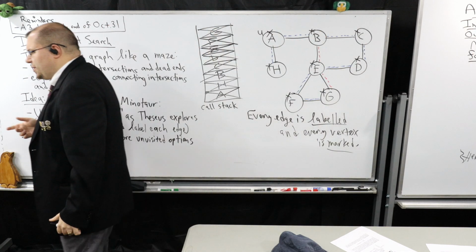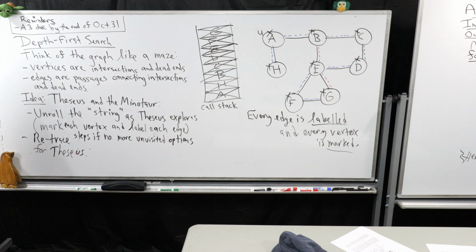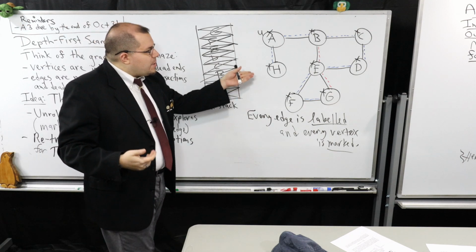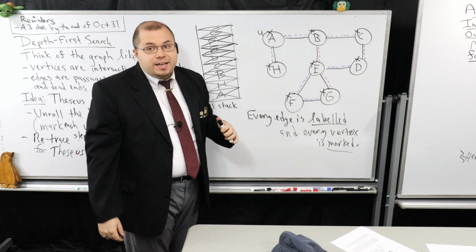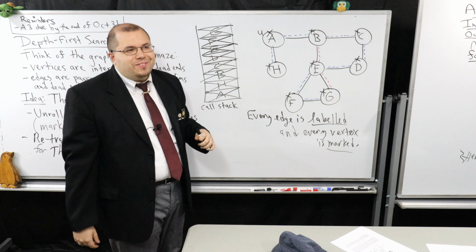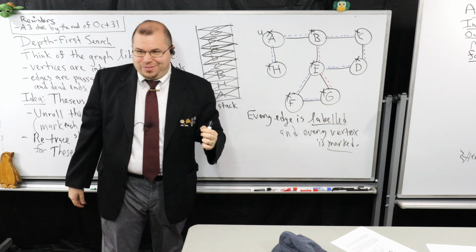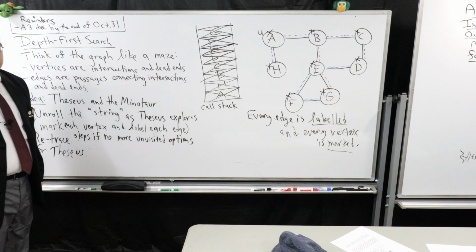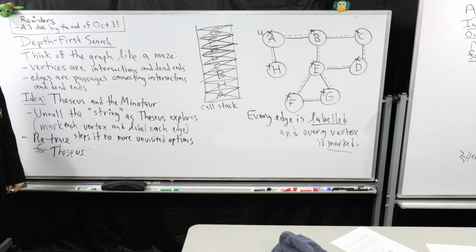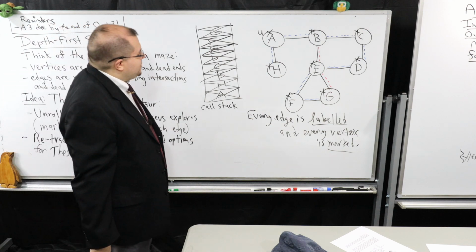Now I have a question for you. Notice that my graph is connected. If it wasn't connected, would this process, in fact, label every edge and mark every vertex if the graph isn't connected? Exactly. No, it won't.